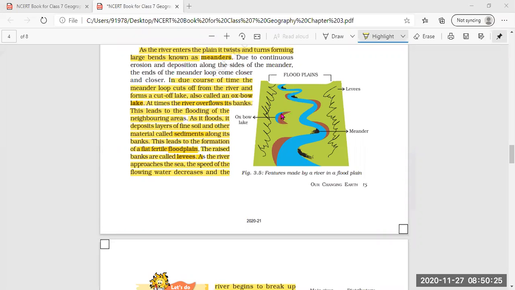After the Oxbow Lake, when the river overflows, it takes the form of a flood, and when the sediments are deposited on the banks of the river due to flood, it forms fertile floodplains, and the raised areas of the banks are called levees.